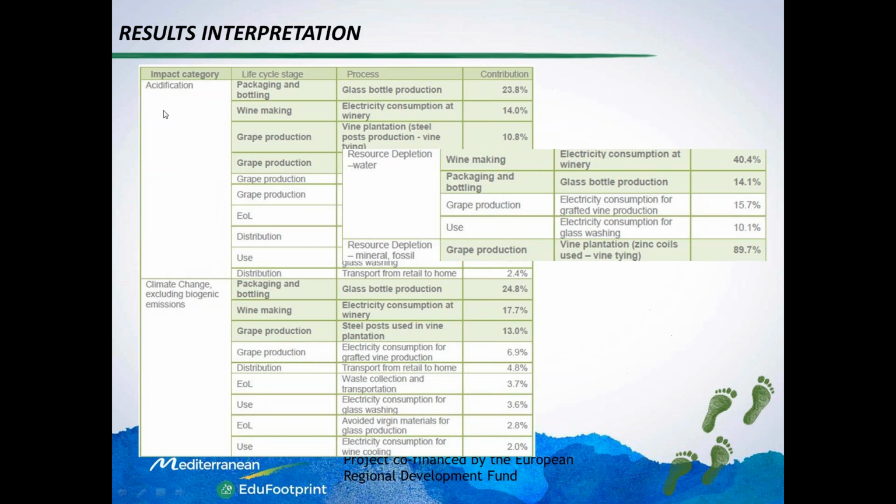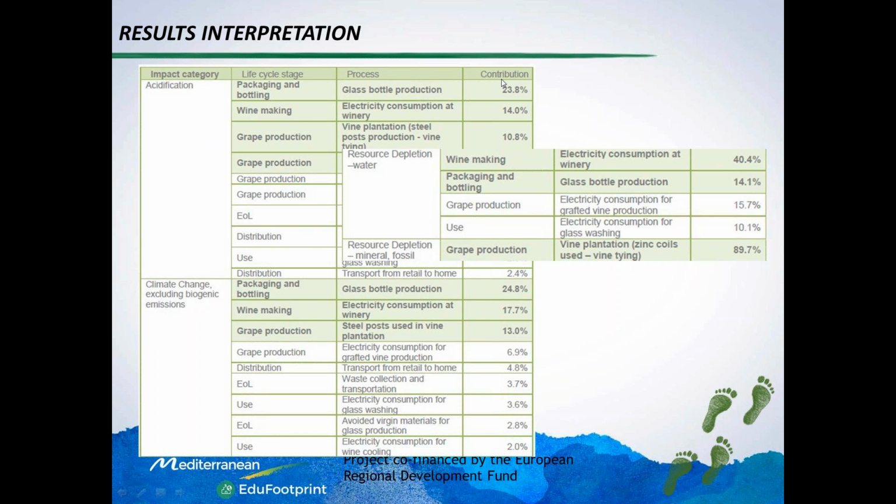So what does it mean? These are the indicators that I calculated: acidification, climate change, resource depletion, water, resource depletion, mineral, fossil, and so on. This is all the life cycle stages I have considered.